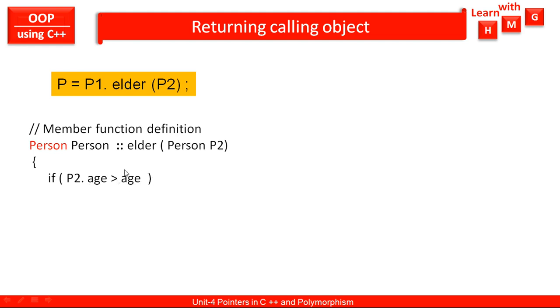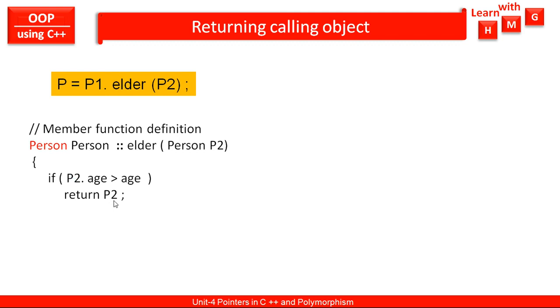So the calling object is not indicated as P1 dot age. Directly age is specified, because whenever any object is calling the member function, its data members are directly accessed with their names, and that's why here two ages are compared, that is the age of the P2 object and the age of the calling object.